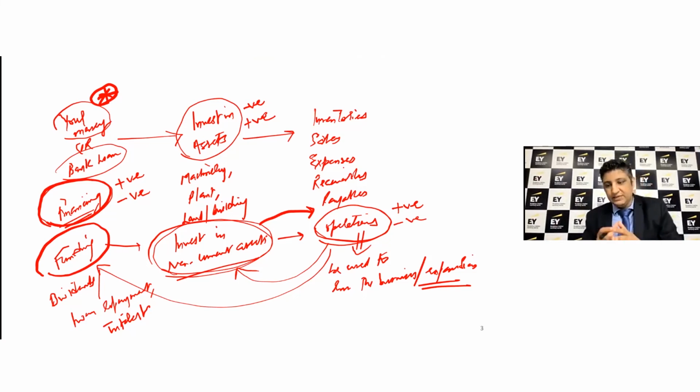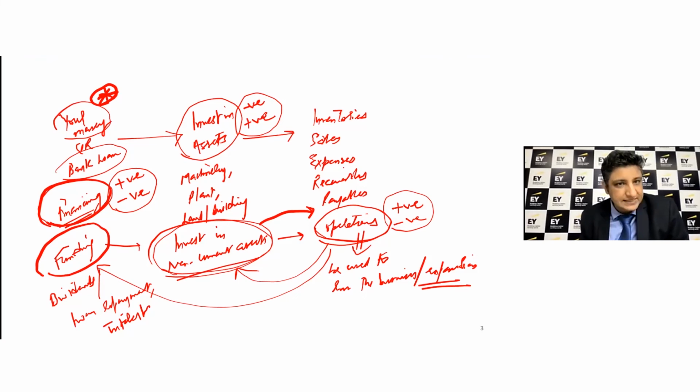So the shareholders and the users of financial statements would be really interested in knowing whether your cash is coming or going in the form of financing, investing, or operations, right?